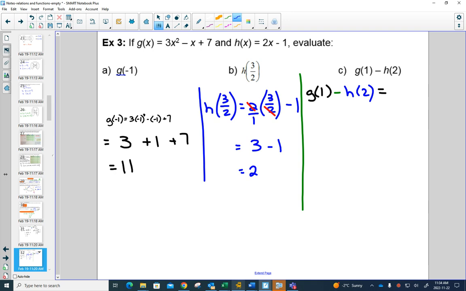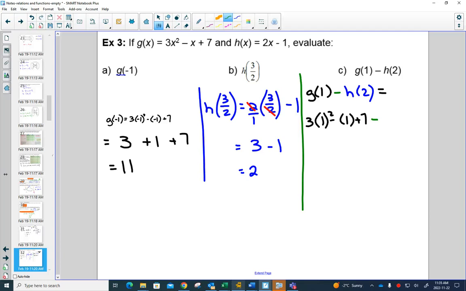Now, g of 1 would be plugging in a 1 into g of x. It won't be the same thing, because the 1 squared is exactly the same, but the minus 1 is going to be slightly different. Okay? Then I have a subtract sign. That's where my green subtract sign would still go, right?